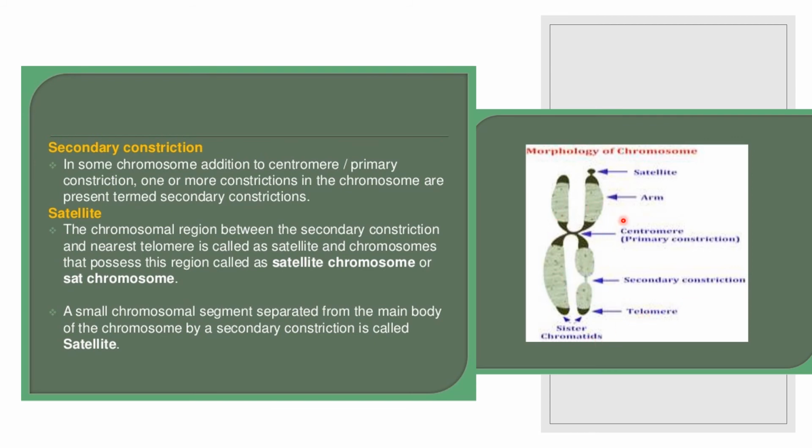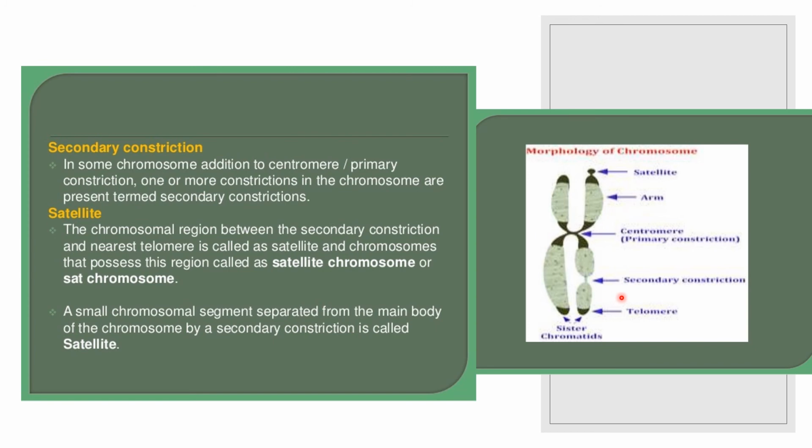Satellite. What is a satellite now? A small chromosomal segment which is separated from the main body of the chromosome by a secondary constriction is called a satellite. It is the chromosomal region between the secondary constriction and the nearest telomere.